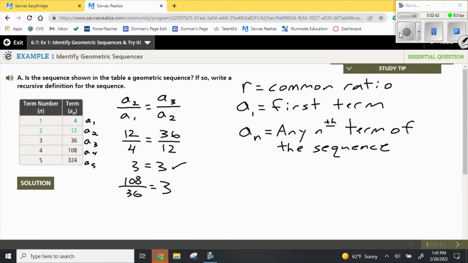We have determined in this case that r, our common ratio, is equal to 3. So this question is asking us to write a recursive definition. I'm actually going to write two things: the recursive definition and the explicit definition.